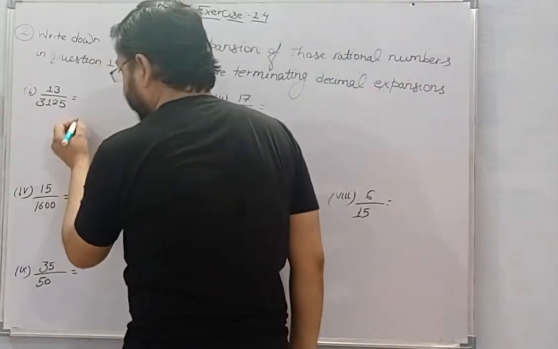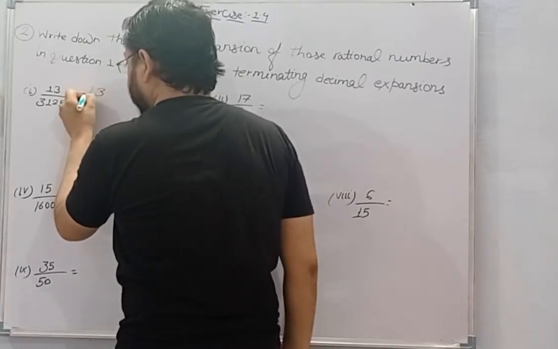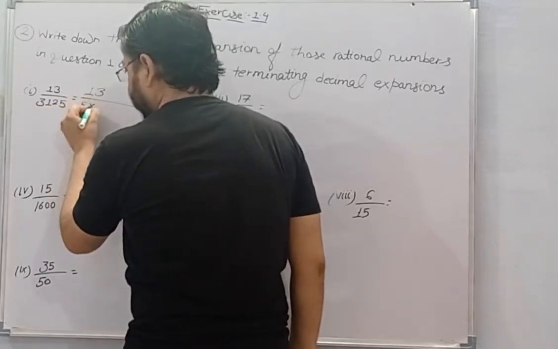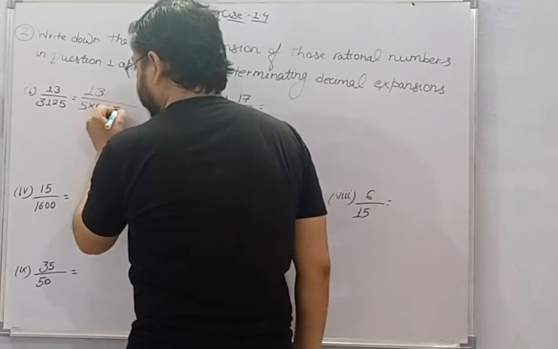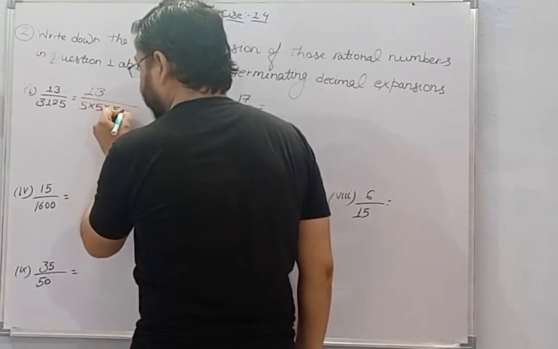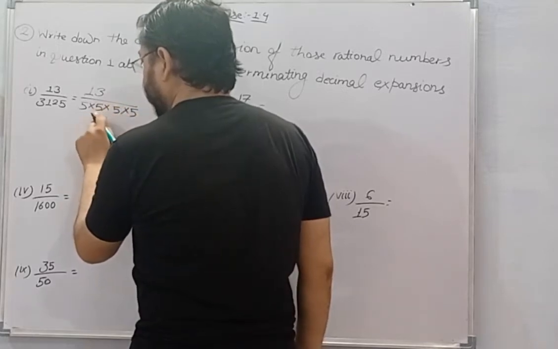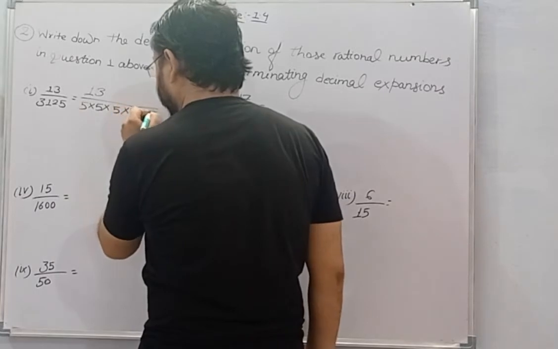Like this: 13 upon 3125. Write down 5, 5, 5, 25, 125, 625, and one more 5.